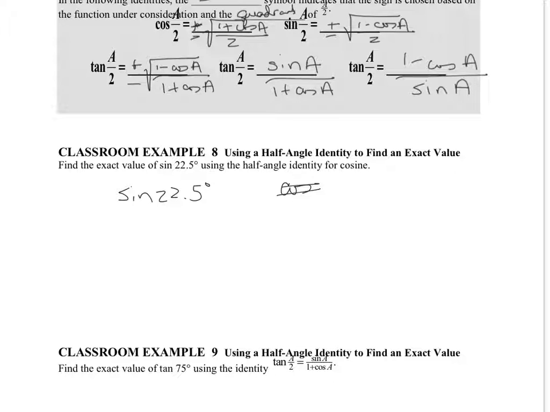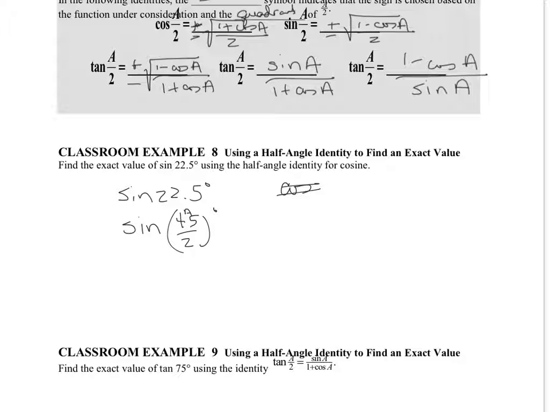So the sine of 22.5 degrees, wouldn't that be the same thing as the sine of 45 divided by 2? Isn't 22.5 half of 45? So what that tells me is my A is 45.